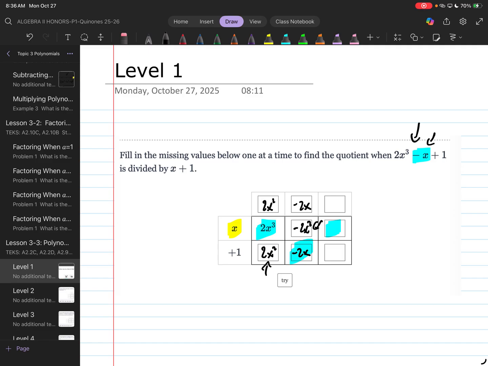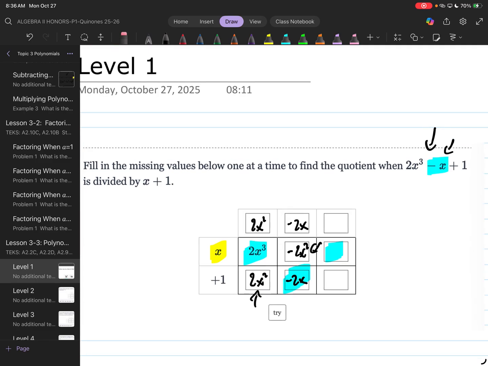Well, the only thing I can think of is just plain x. Well, what times x will give me x? Plus 1. And then 1 times 1 is just 1.